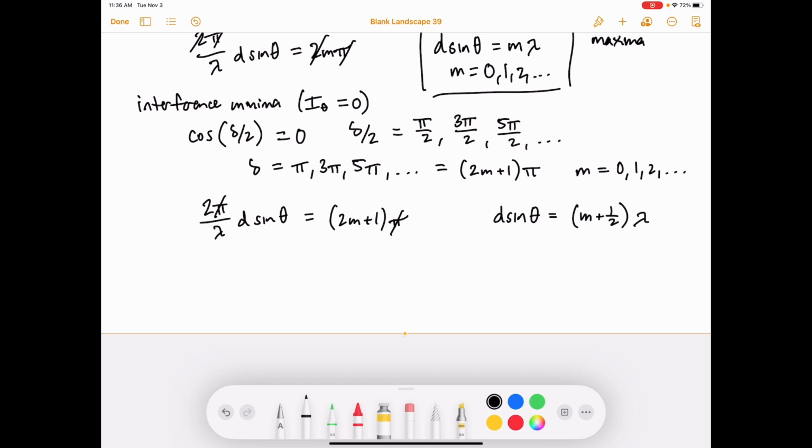And then if I take the lambda over to the other side, it's right next to that term. So d sine theta is equal to m plus a half times lambda, where m is equal to 0, 1, 2, and any integer. This is where the minima are occurring. And again, we found that back in chapter 34, but this is how we can see it using this new method.